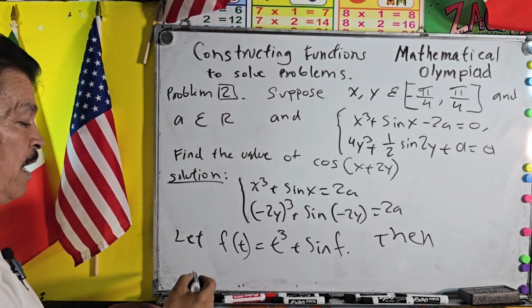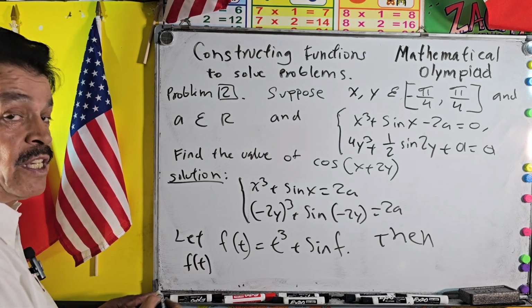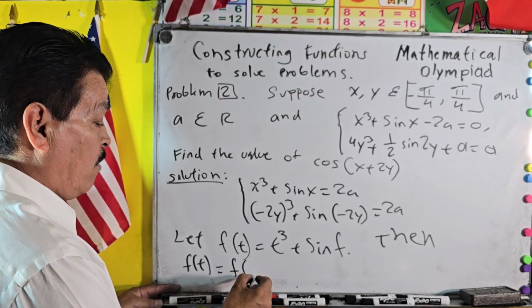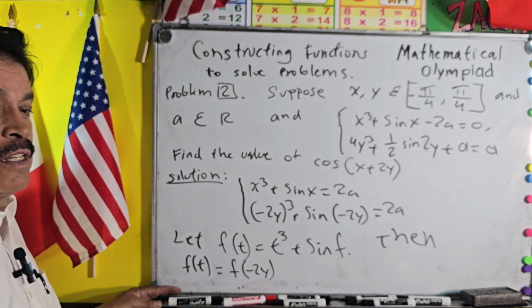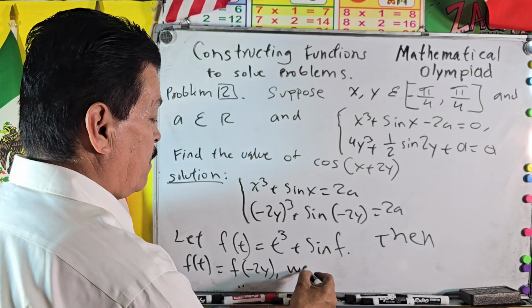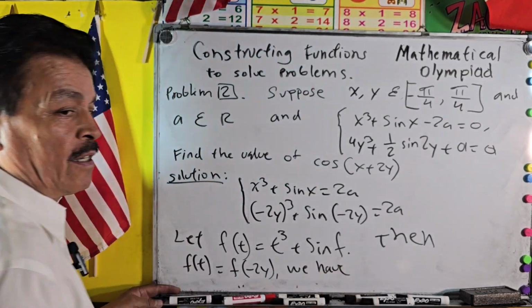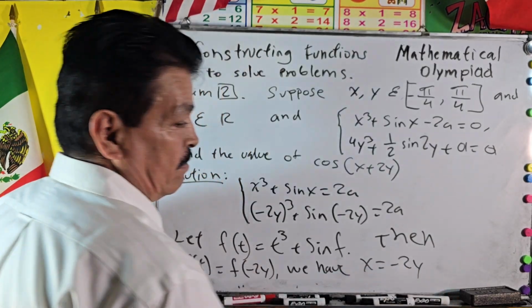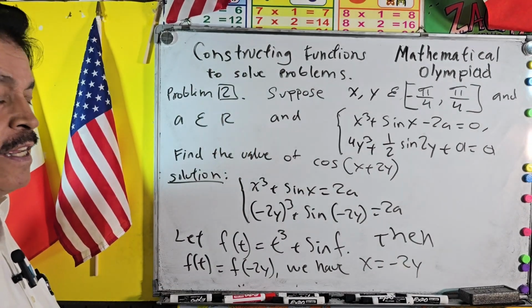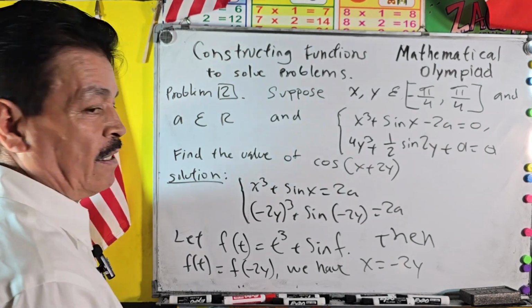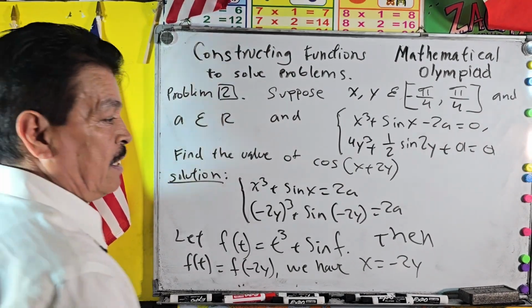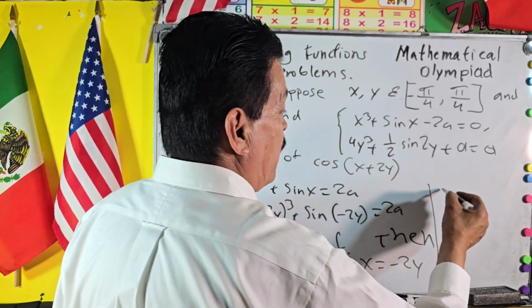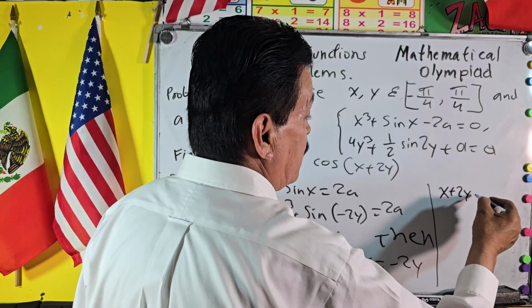Then f of x equals f of negative 2y. So we have x equals negative 2y, and x plus 2y equals 0.